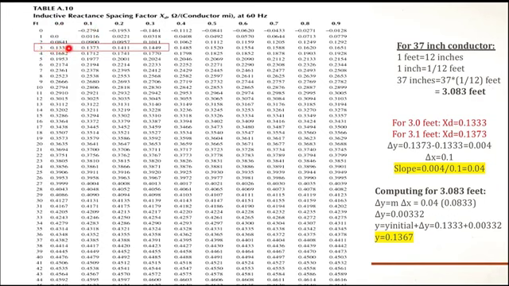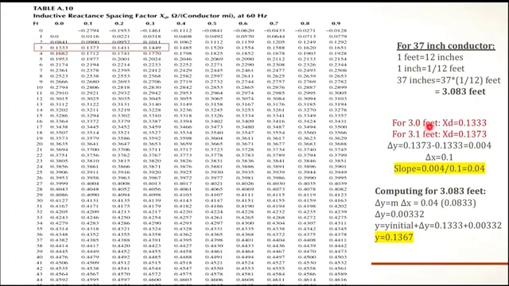The spacing factor is this. This is for 3.1 feet. This is for 3.2 feet. But we are supposed to compute the value for 3.083 feet. So what we can do, we can compute the slope. As we know the value of XD at 3.0 feet, that is 0.1333.